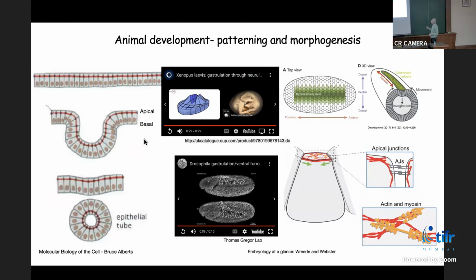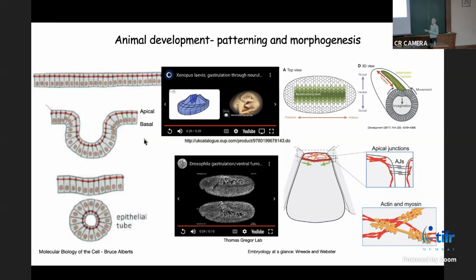If you look at these schematics here, they depict what exactly happens in these two videos. Initially the whole process starts with a sheet of cells, and some of these cells start buckling in. At least partly, the force provided for this whole process is by the change in cell shapes.